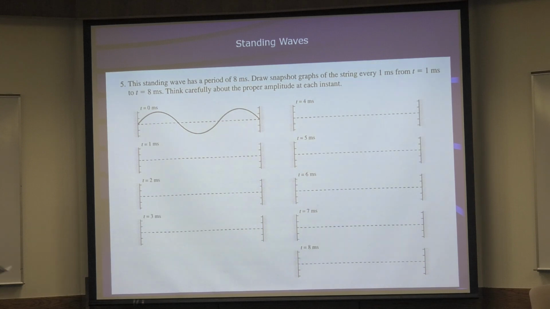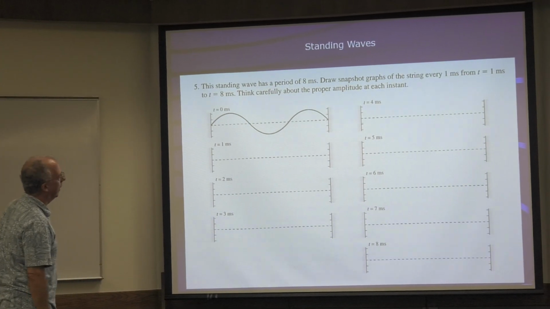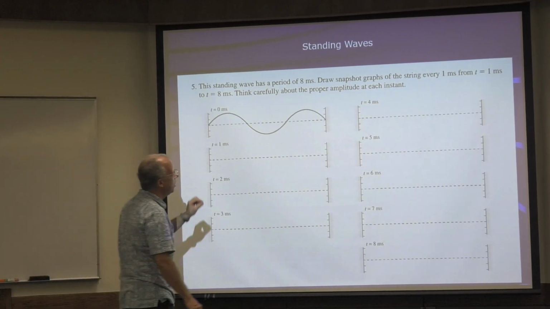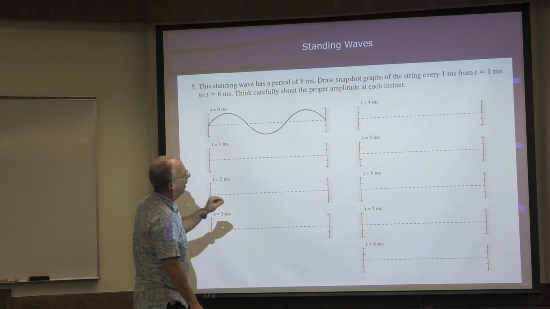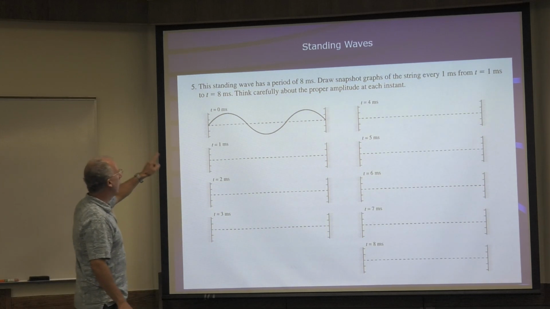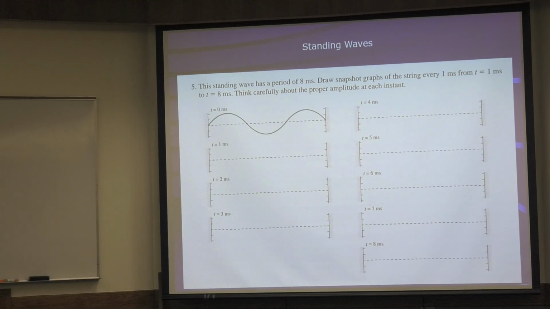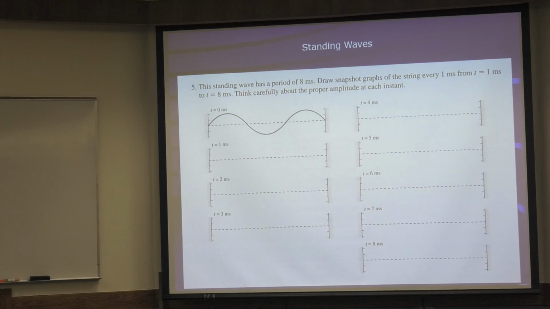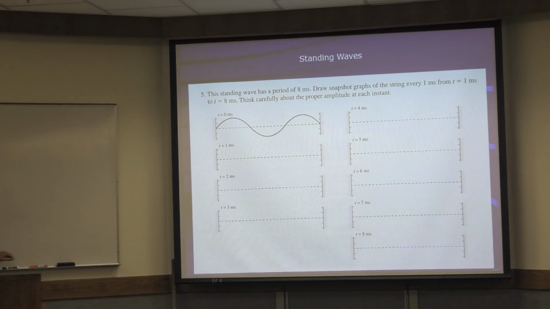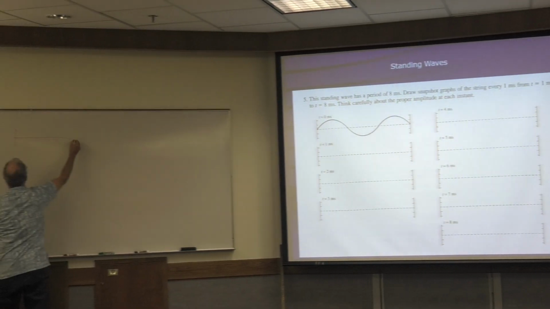All right, so this is a standing wave. It has a period of 8 milliseconds. We want to draw snapshot graphs of the string every millisecond from 1 to 8. Oh boy, I can't draw.